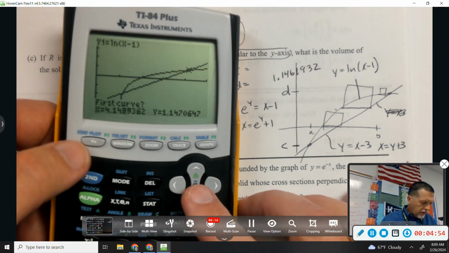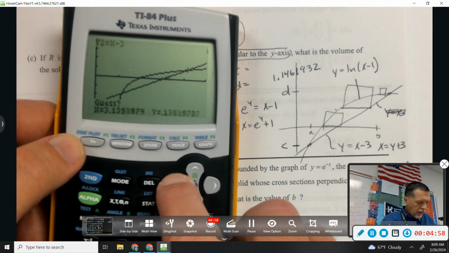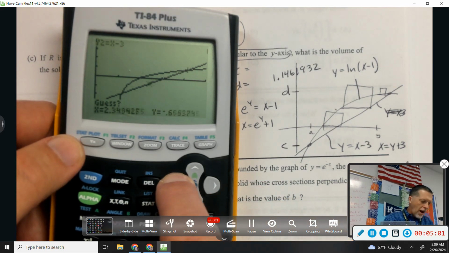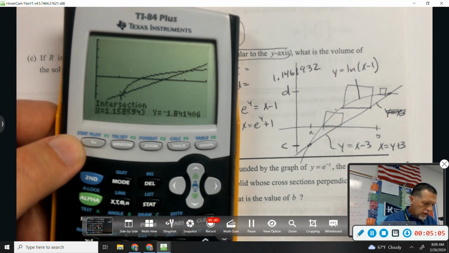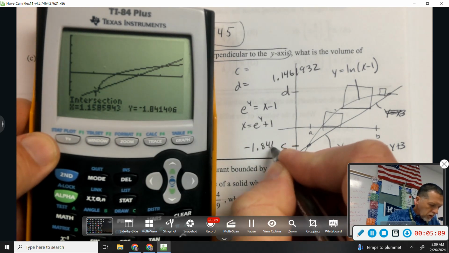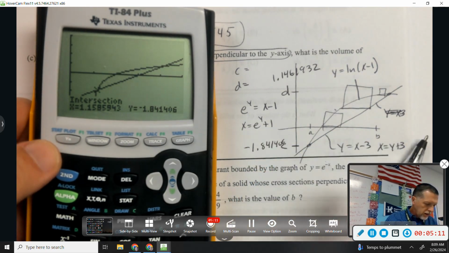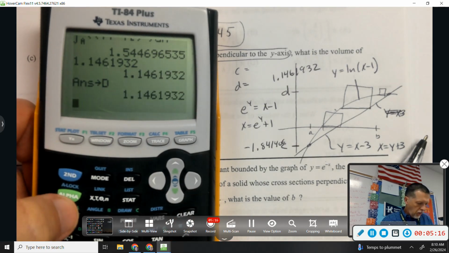Now for the other intersection. First curve, second curve. Let's go back and get this intersection, but I need the y value of the intersection. Negative 1.841406. So Math 9.